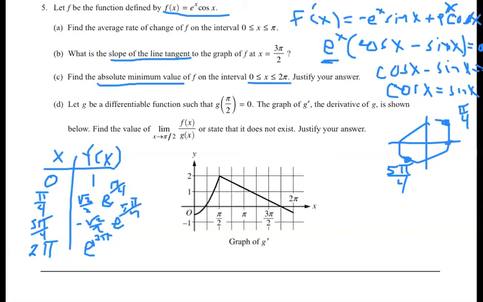So we are supposed to tell from that what the absolute minimum is. Well, the only negative answer would be the minimum. So the minimum answer on this is going to be this one because it is the only negative answer.